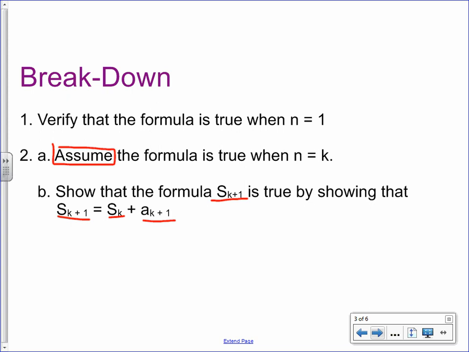If I have the sum of the first 4 terms, then the sum of my first 5 terms is just that plus the 5th term. Same concept. What we're going to have to do is use algebra to manipulate whatever we have right here to make it look like we need it to for our formula. This will all make a lot more sense as we go through the proof.